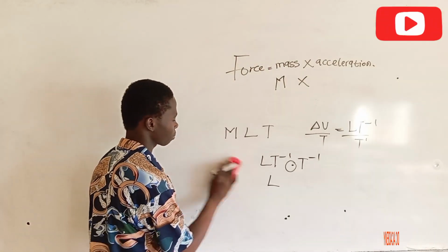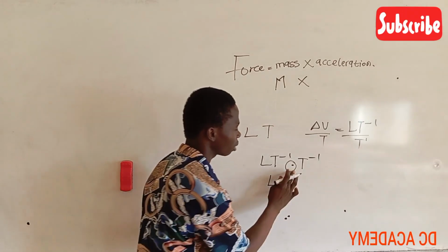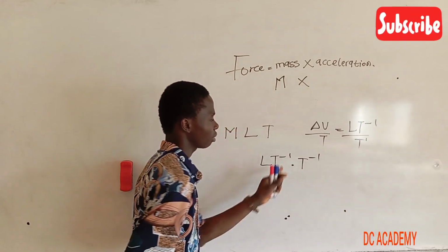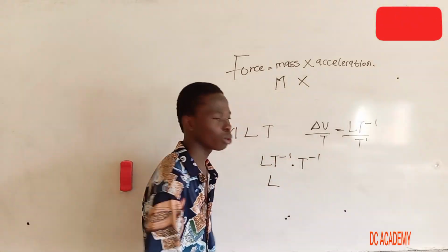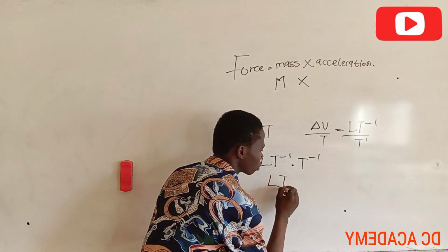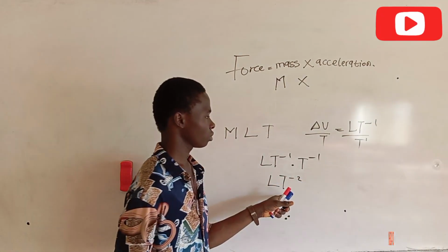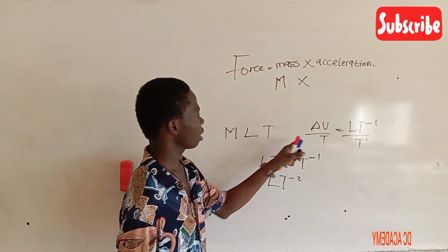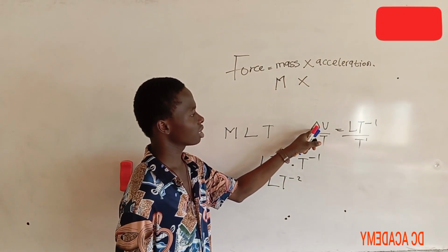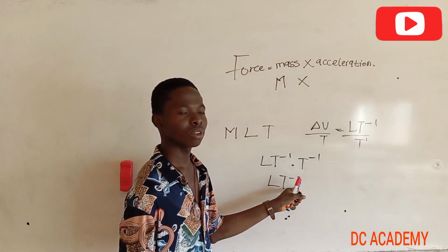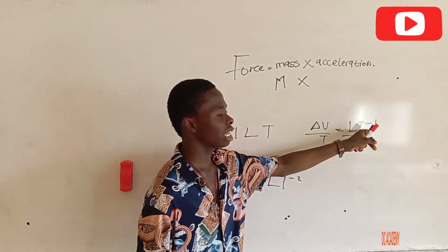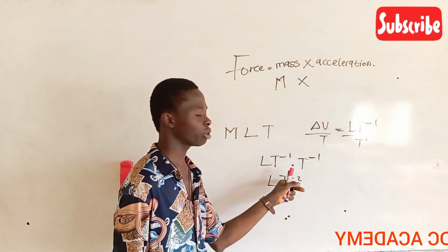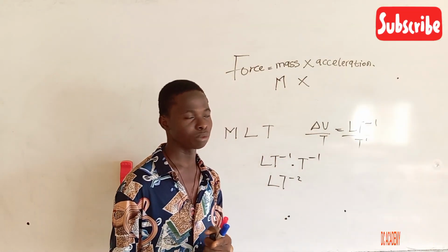So minus 1 plus minus 1 is what? Minus 2. Good. Now we have gotten our acceleration as LT minus 2. So velocity is LT minus 1, acceleration is LT minus 2. Do you understand it now?